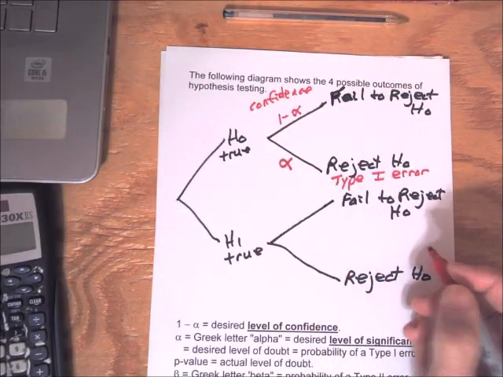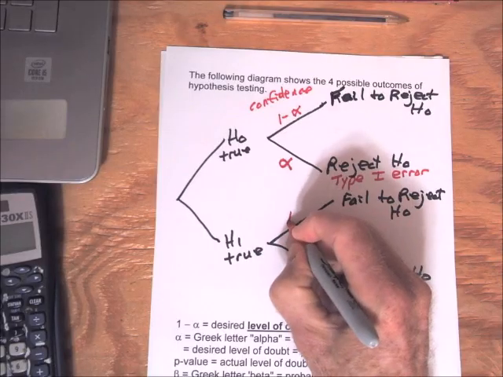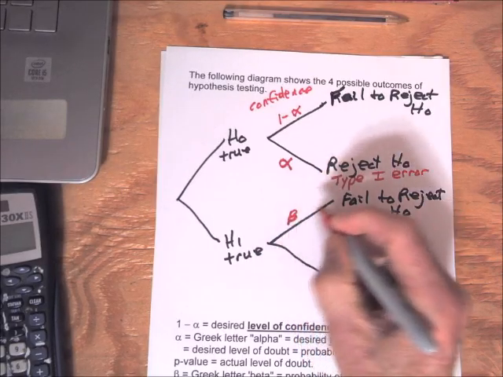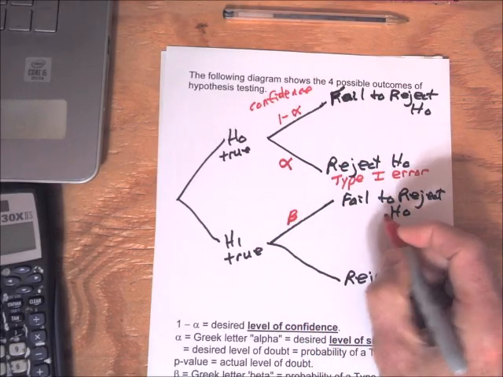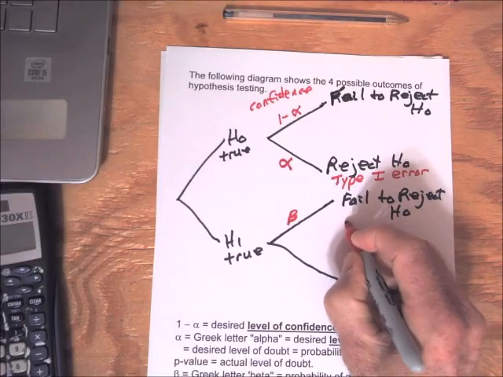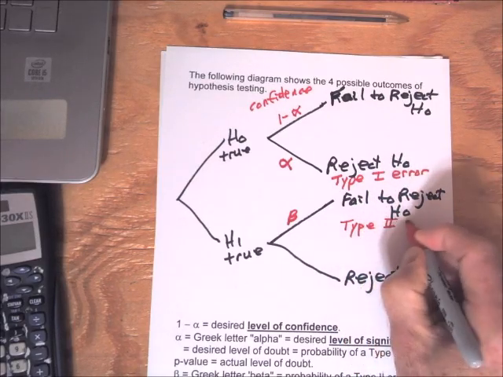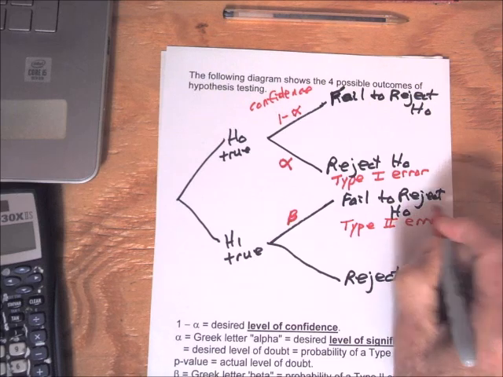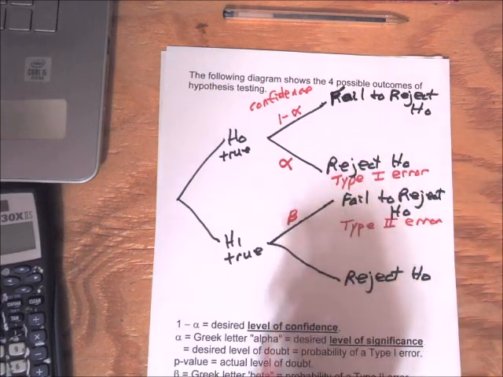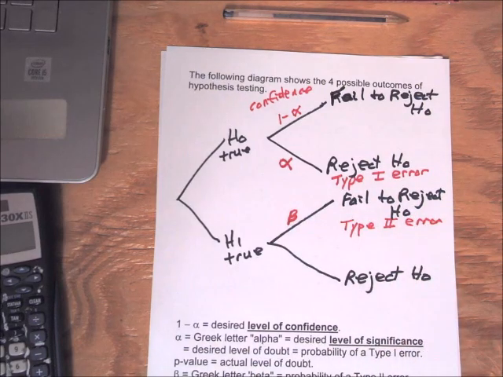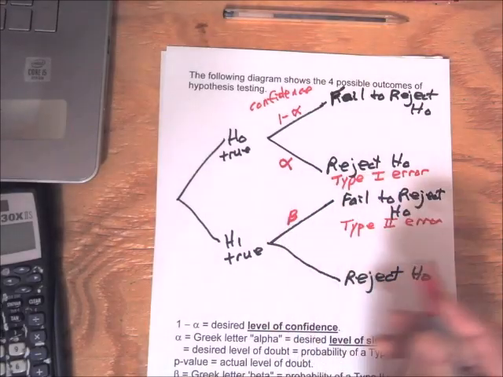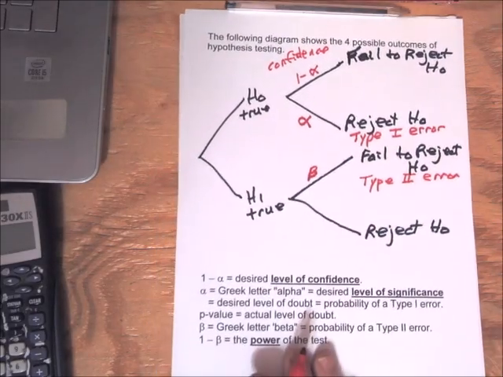And then the Greek letter beta, which looks like a B, is the probability of a type 2 error. So if we fail to reject H naught and H1 is true, that's called a type 2 error. That probability is beta. Usually we don't know what beta is.